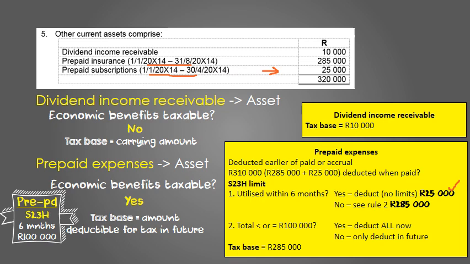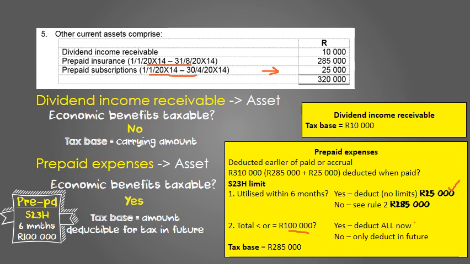The second rule says, if the total prepaid amounts that did not qualify under Rule 1 are less than 100,000, then we will be allowed to deduct the full amount in the current year. If it's more than 100,000, we will only deduct it in future as we utilize the benefits from these prepaid amounts.